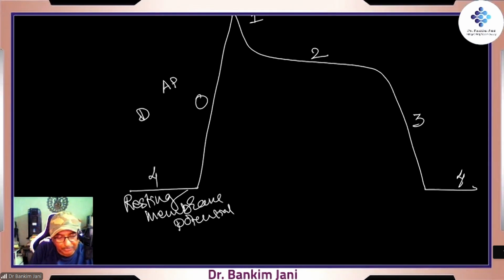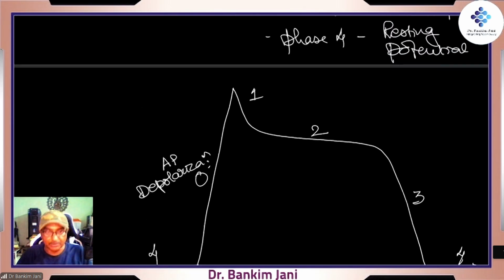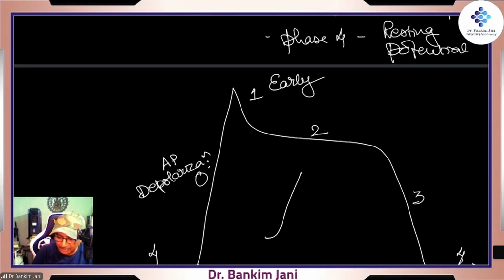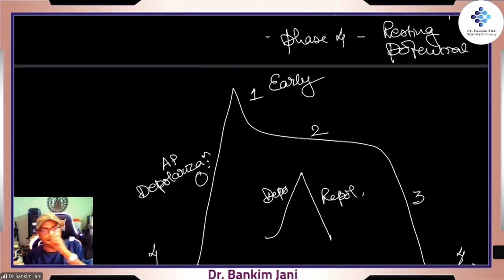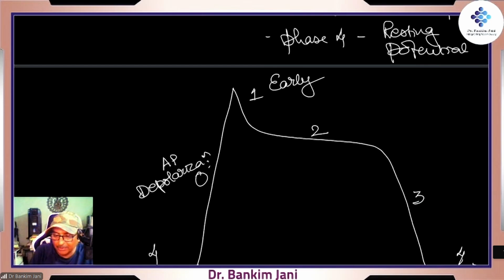Depolarization. The next one is called the early repolarization, because anything which is going up is depolarization, anything which is going down is called repolarization. Simple. But there is a change. This we said early repolarization.